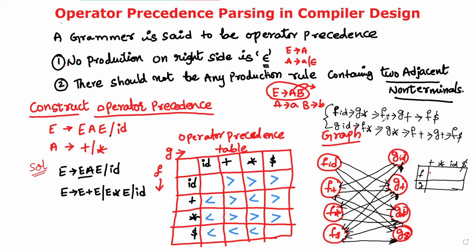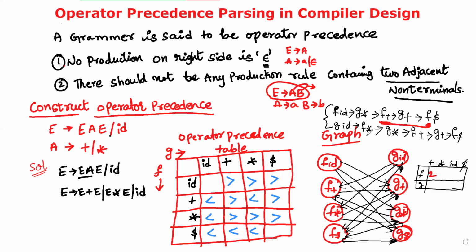Now I am going to find the value of this one. Here the f plus is the distance from f plus to f dollar. So 1, 2, just simply write 2. Next f star.